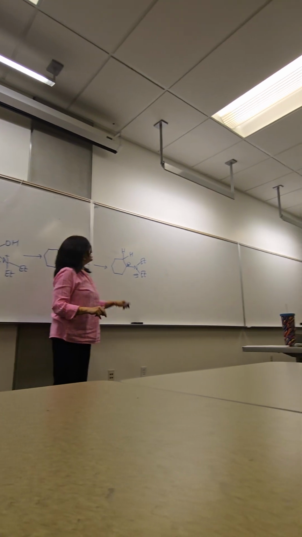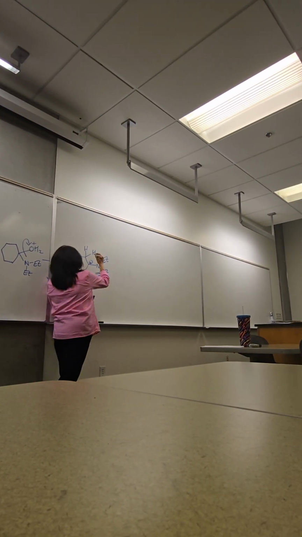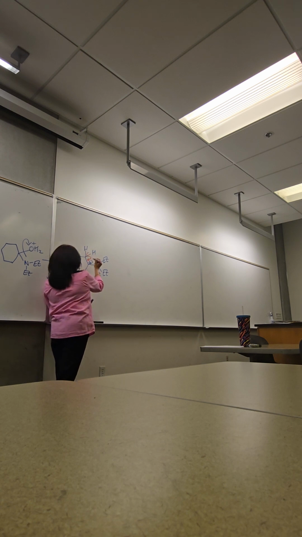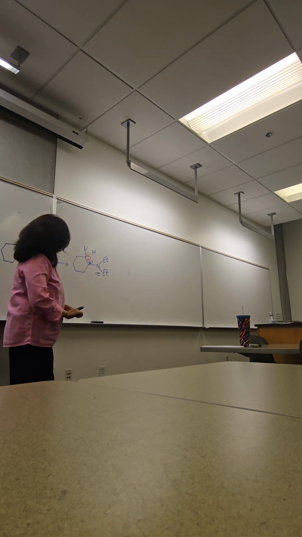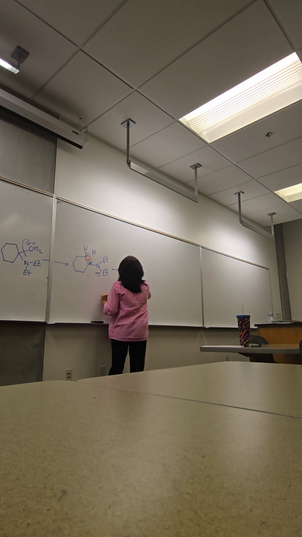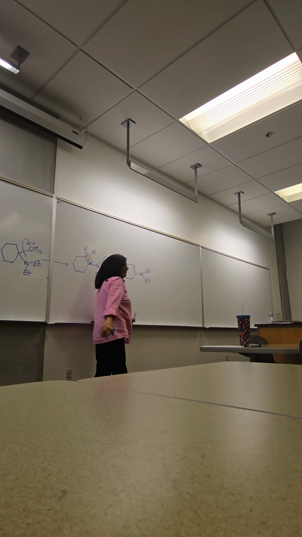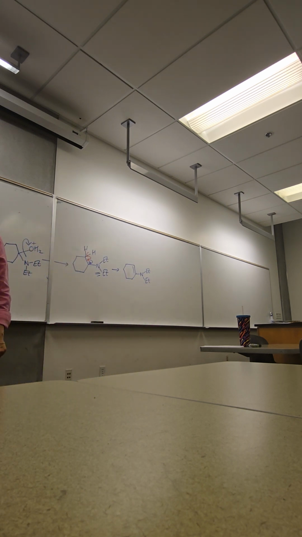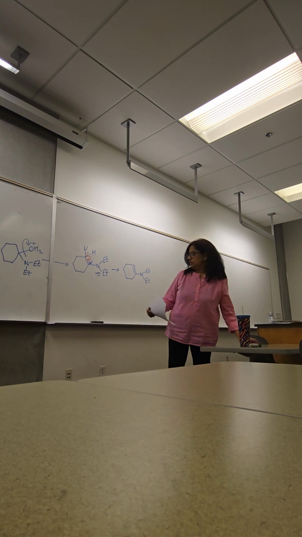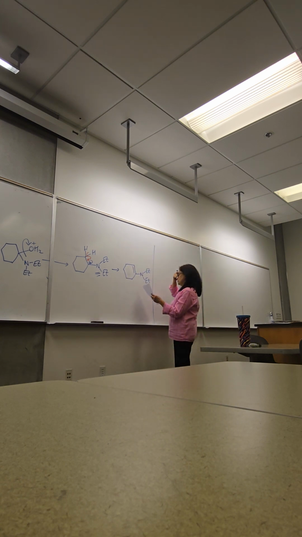The alpha position loses a proton and creates a double bond, giving us the enamine instead of the imine. Everything else is exactly the same, same steps. Do you all see that? Everybody okay? Make sense? Okay, no mechanisms again, you can practice at home.